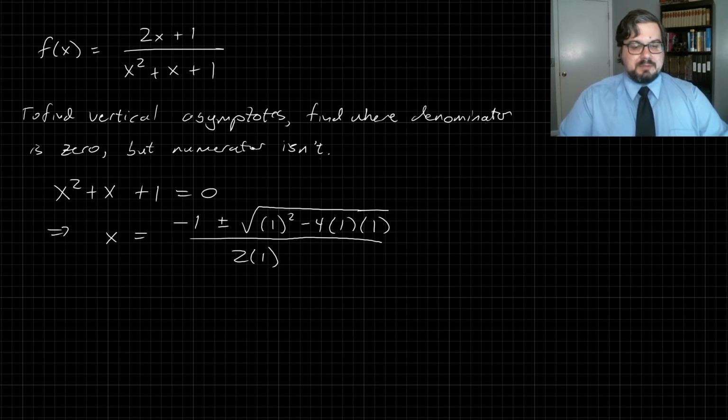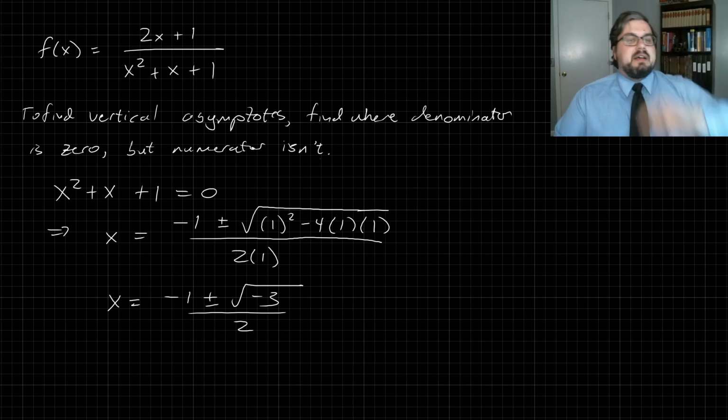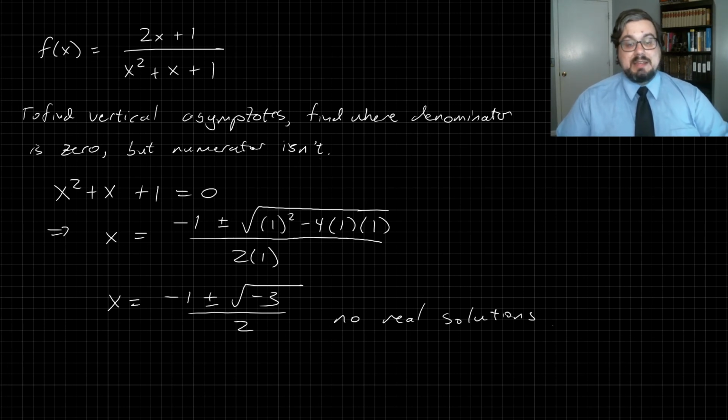And this gives us x is equal to negative 1 plus or minus the square root of negative 3 over 2. And again, we see that the denominator has no asymptotes because this has no real solutions because of that negative 3 in the square root.